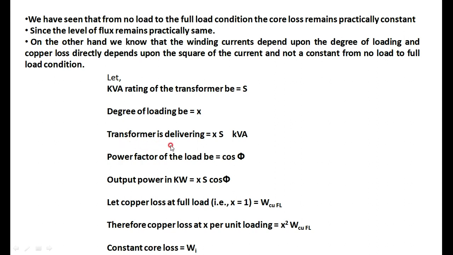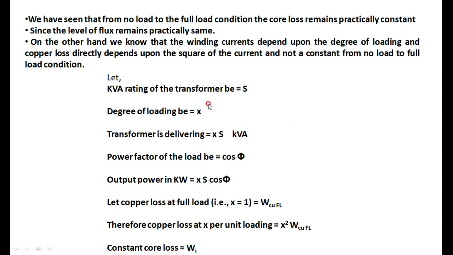Therefore, the transformer is delivering under the x load condition. For example, I am taking 80% of the load. For example, S is 100 kVA. For 80% of the load, my transformer is delivering only 80 kVA.